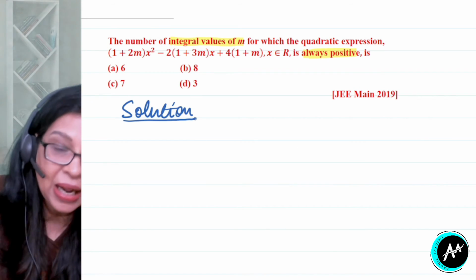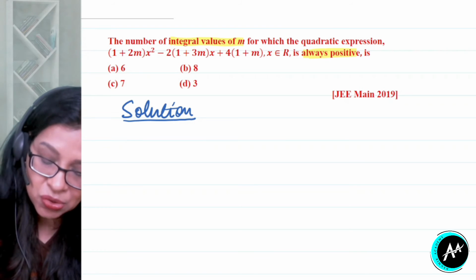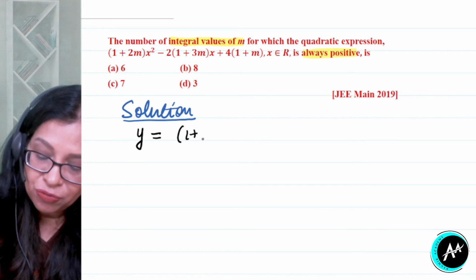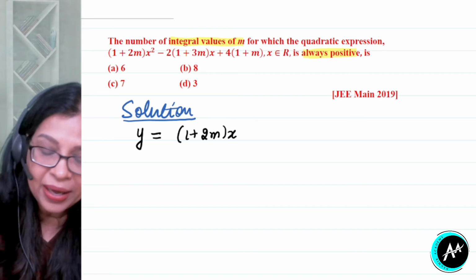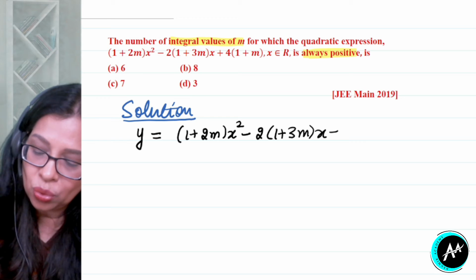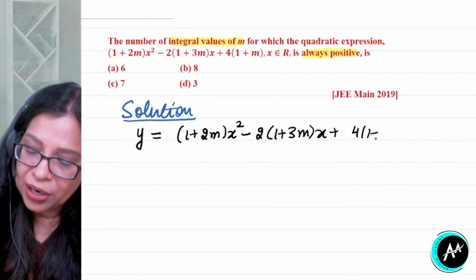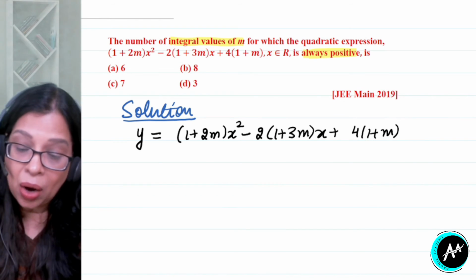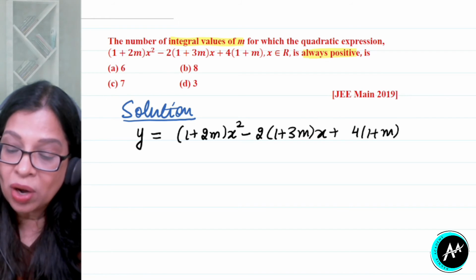Now look here. Let me denote it by y. So I have this quadratic expression as y equal to 1 plus 2m x square minus 2 into 1 plus 3m into x plus 4 into 1 plus m. Alright, this is it. Now, when is a quadratic expression always positive?